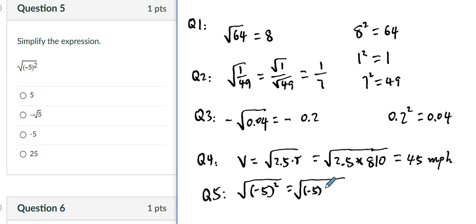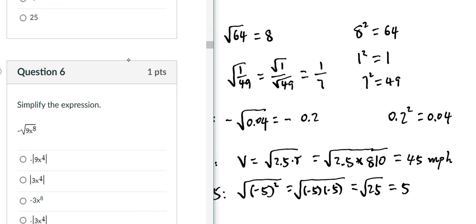Negative 5 squared is negative 5 times negative 5. Negative times negative is positive. Okay? And then you take the square root, you get positive 5. That will be the first choice.